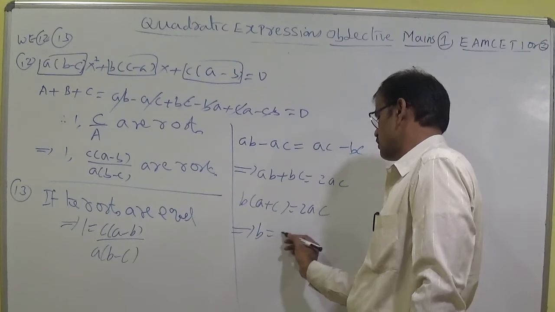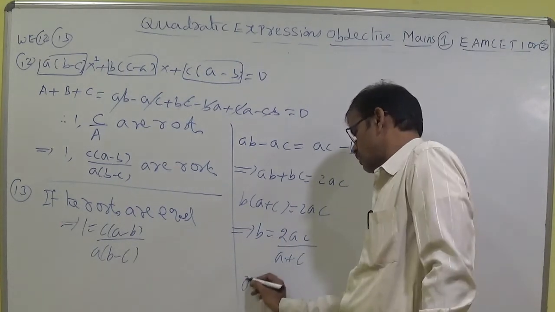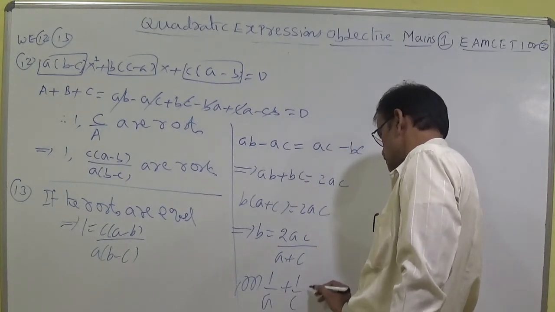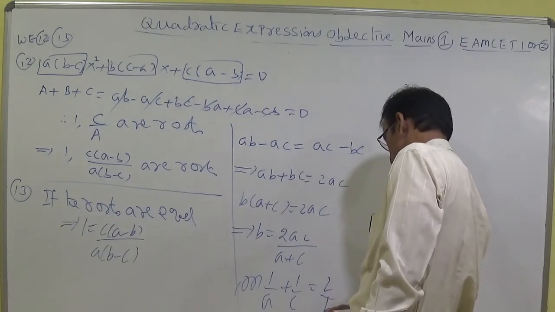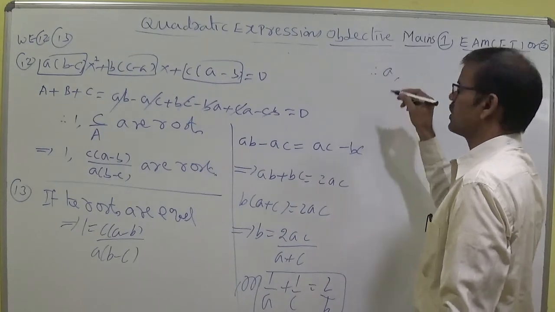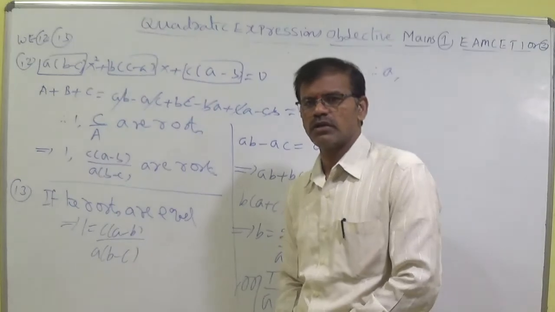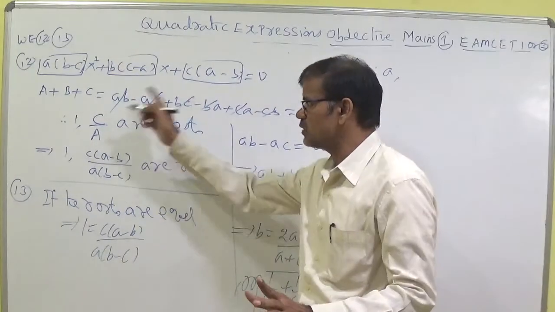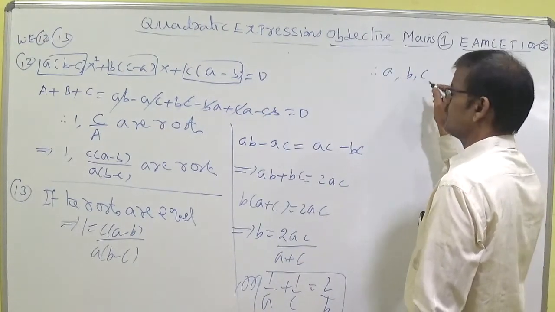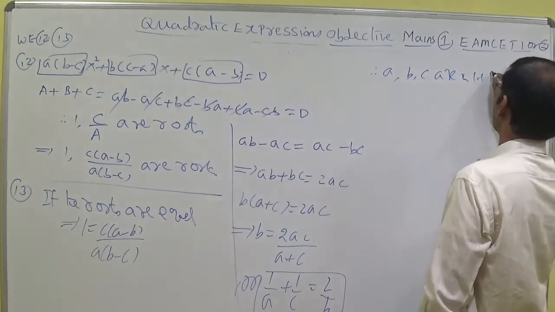We know that b = 2ac/(a + c), or you can write here 1/a + 1/c = 2/b. Therefore, this is another condition. Here you can say whenever the roots are equal in the concept of A + B + C = 0 for a quadratic equation, the coefficients are always in HP. Therefore, you can write a, b, c are in HP, harmonic progression.